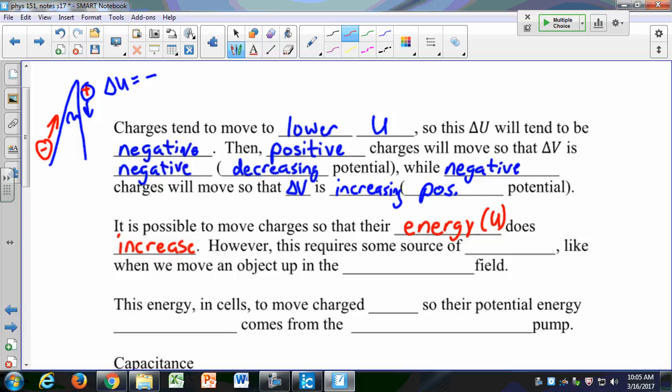But it is possible to move charges so that their final potential energy is bigger than what it was before. However, this requires some source of energy, like when we move an object up in the gravitational field.